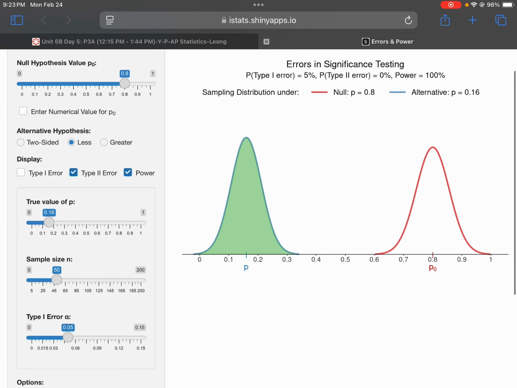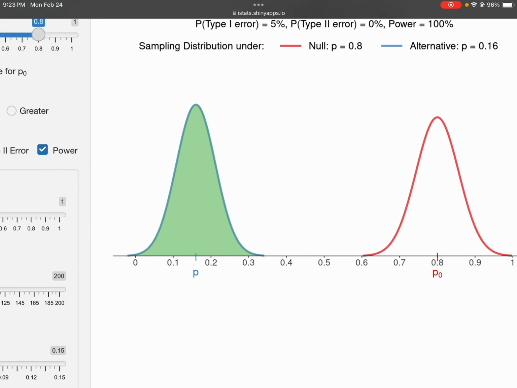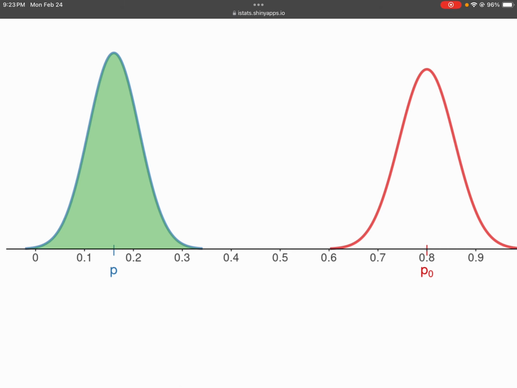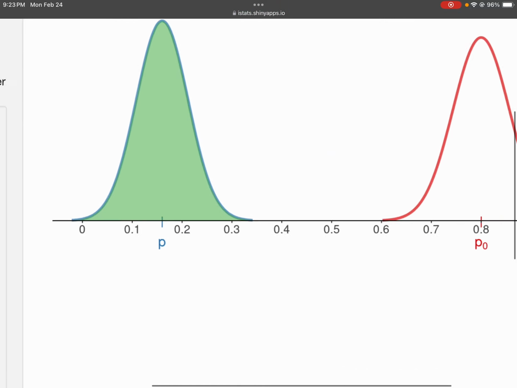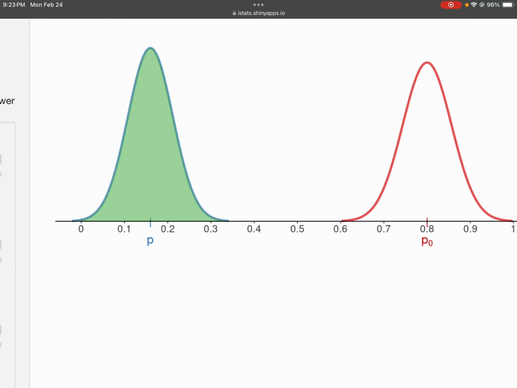So it's not the fact that the alternative value was lower, it's the fact that it's farther away from the null value, right? The bigger the gap between the null value and the alternative value, the wider that gap, the easier it will be to make the correct decision.